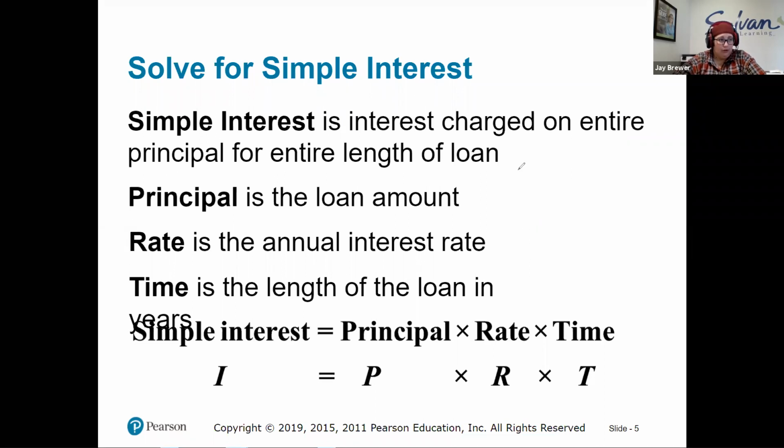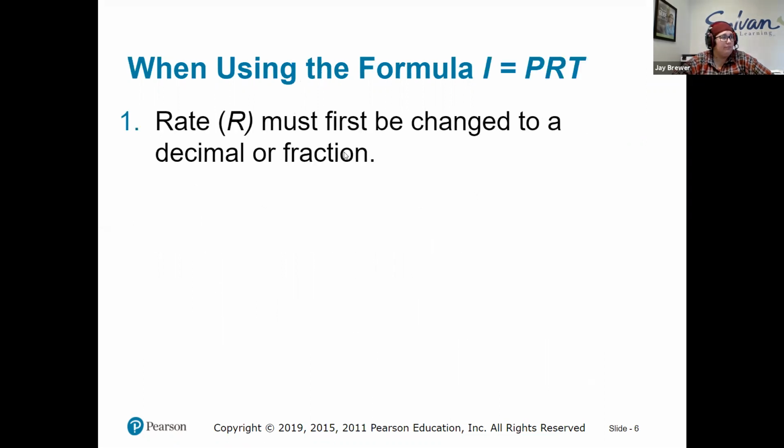So obviously 12 months is a year, and you would think 365 days, but for some reason they use 360 days for the bank. And then there's one problem that you get to where you have to use 365. So just read your questions carefully.